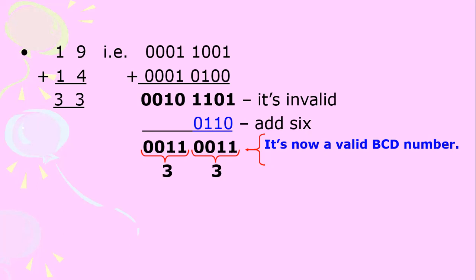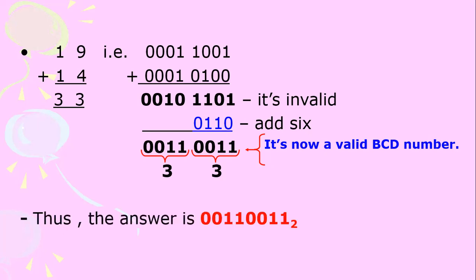So the first pair of 0, 0, 1, 1 is equivalent to 3 in decimal. The other pair, 0, 0, 1, 1 is equivalent to 3. So that is a valid BCD number. So we write our answer as 0, 0, 1, 1, 0, 0, 1, 1 in binary.